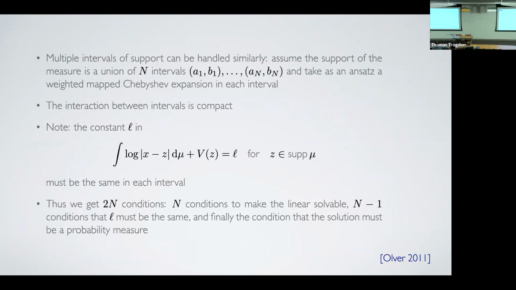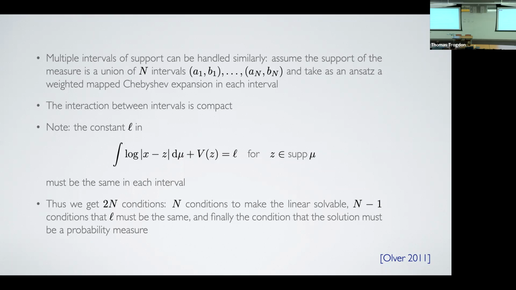Now we have two end conditions. So let's just assume we know how many intervals we need. Let's say n is 2. If n is 2, we have 4 unknowns. What are our conditions? Before we had one condition that the linear system was solvable.